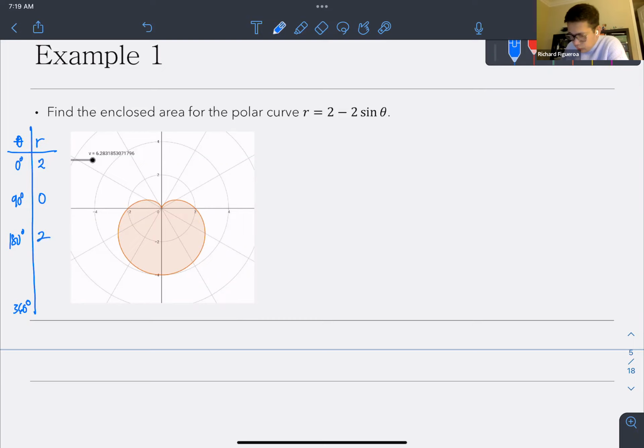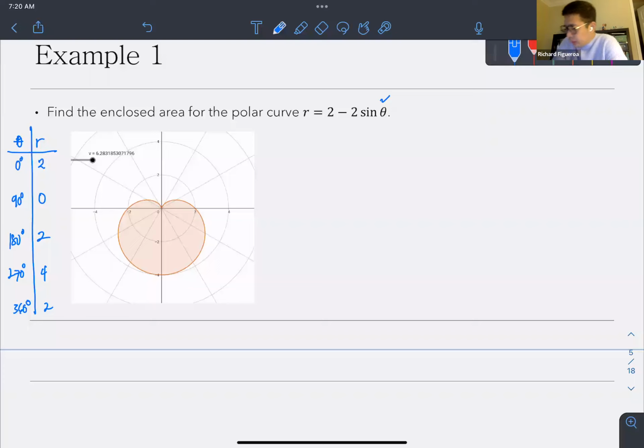And for 360, that is 2. For 270, that becomes 4. You can do that on your calculator. Just substitute theta and you'll be able to plot it.